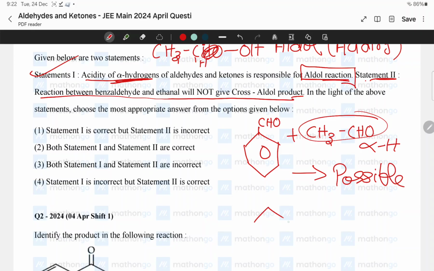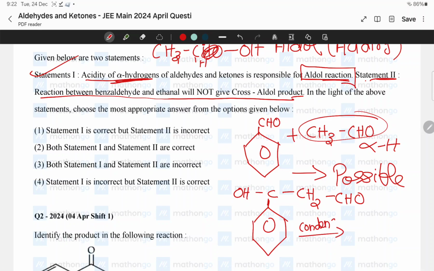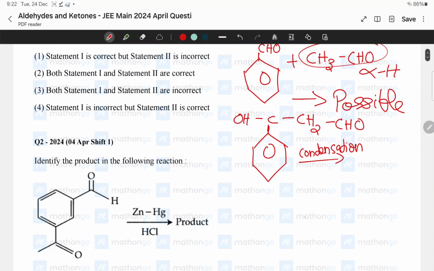How does the reaction happen? It's very simple. We'll draw the aldol product, CH2CHO. Now if condensation happens, we get the aldol condensation product.